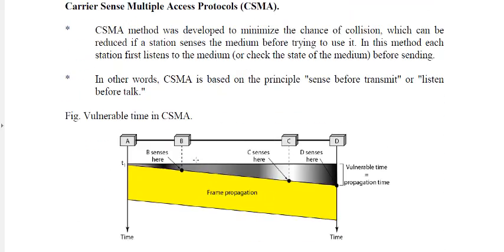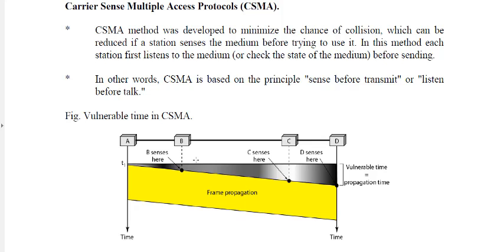Then let us look into CSMA. CSMA is a modified version of Aloha, because Aloha never senses the channel, so the chances of collision are very high when there are more systems. With fewer systems, no problem. In CSMA, the station first senses the carrier. Carrier sense multiple access means first sense the carrier.